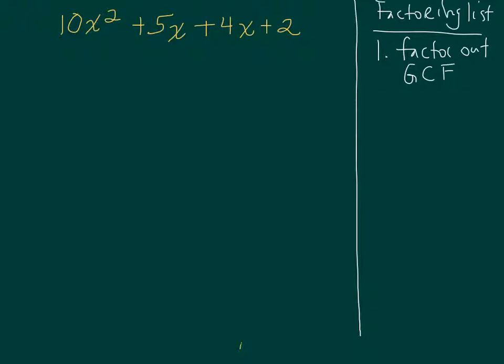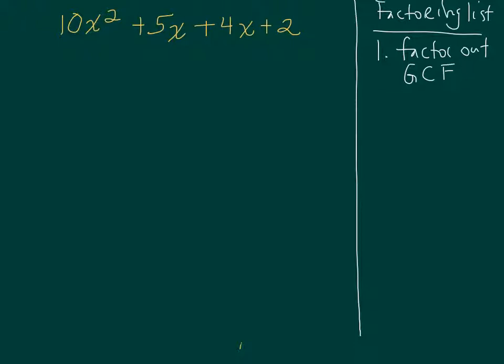Well, I've got 10 and 4 and 2, but 5 doesn't have a common factor with those. I've got 10 and 5 that have a common factor of 5, but 5 is not a factor of 4 and 2. There's really none here, and if you'll notice the x's, they're not x's in all four.